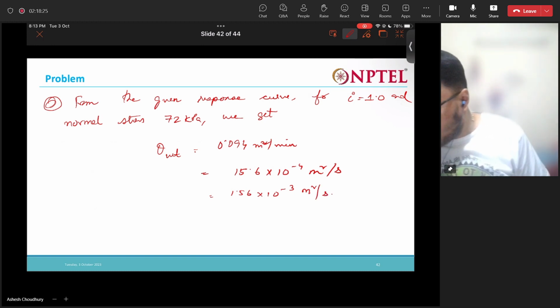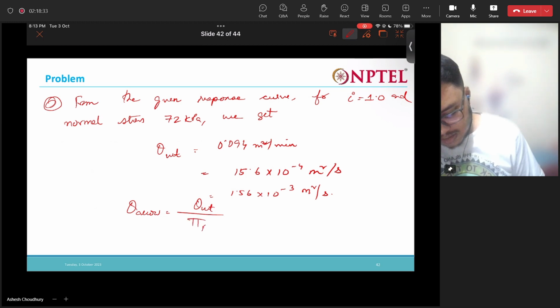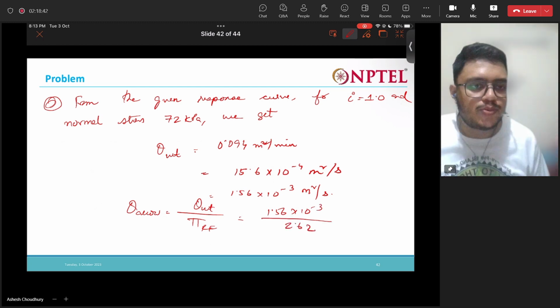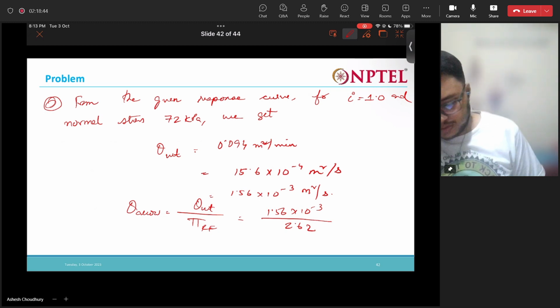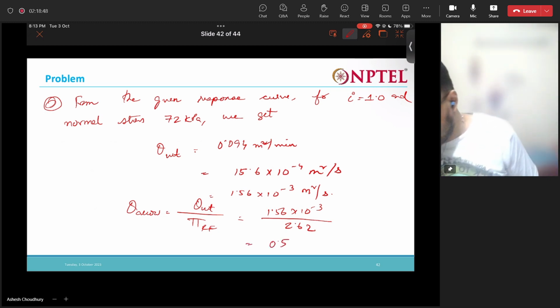The ultimate. Now what we need to do is find out the allowable theta from theta ultimate by reduction factors. Reduction factors you can choose accordingly from the table that I had provided you. Directly I will write this: 0.595 into 10 to the power minus 3 meter square per second.